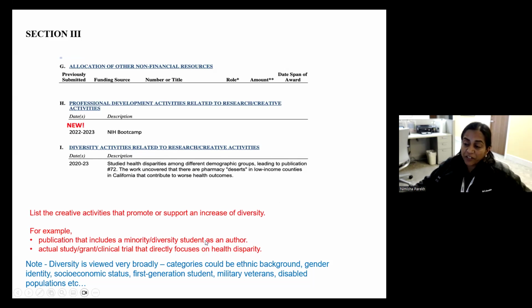If you have a grant or clinical trial that focuses on health disparity, you can include that. Remember, diversity is viewed very broadly. Categories include ethnic background, gender identity, socioeconomic status, first-generation student, military veterans, disabled populations, just to give a few examples. It's not an all-inclusive list.